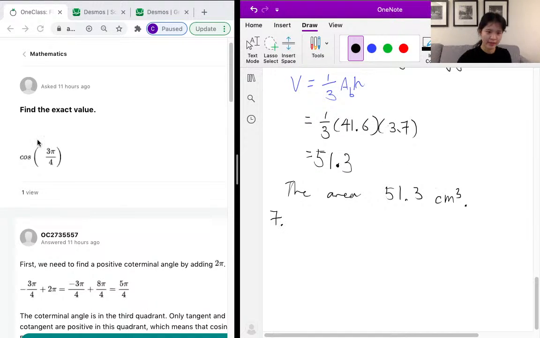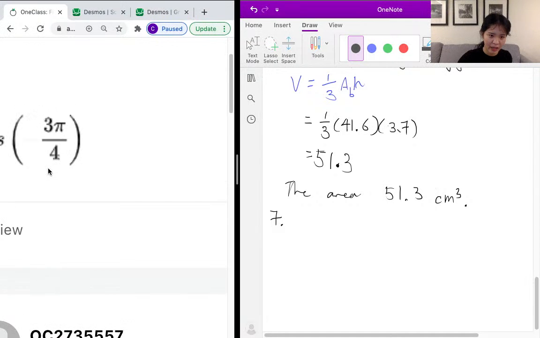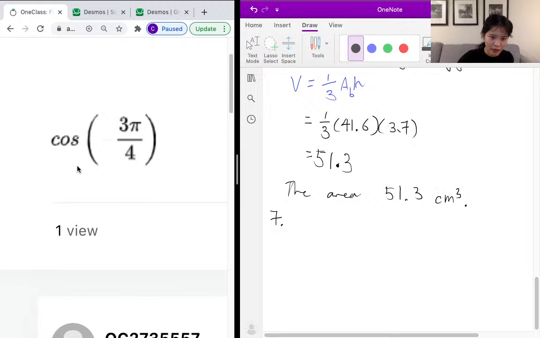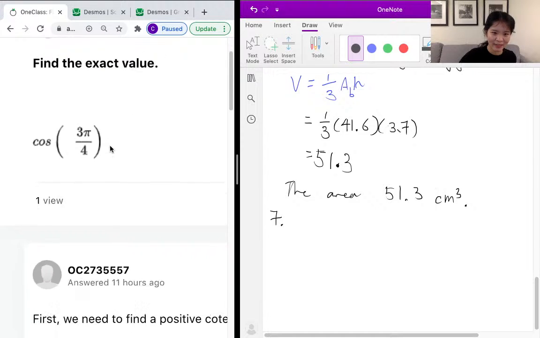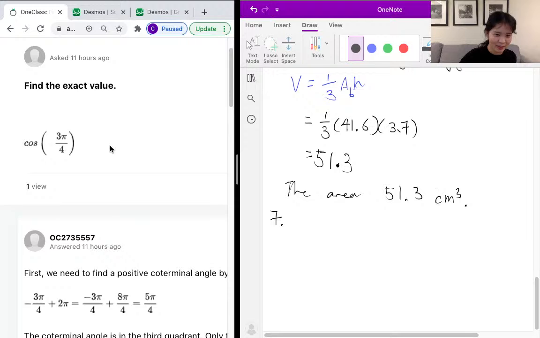But wait a second, I think they're actually asking us to find the cosine of negative 3 pi over 4. Yes, if you zoom in a lot, you can actually see a negative sign right over here, but it's colored in really, really light gray. So I guess they just changed the color of the negative sign to really light gray for some reason.